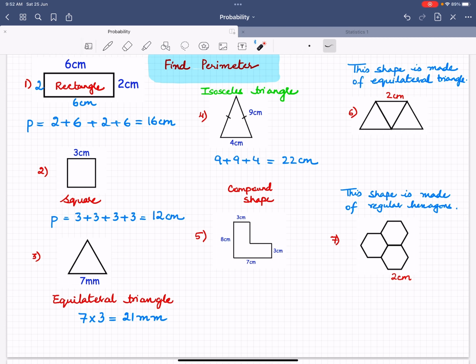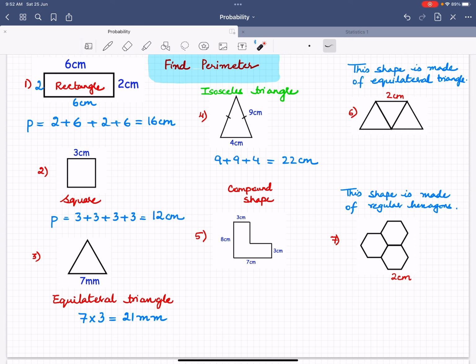Now in question number 5, we have lengths that are known and we have lengths that are unknown. This length is 3 centimeters. This is 8 centimeters. This is 7 centimeters and 3 centimeters. We do not know what is this length here, and also we do not know what is this length. Now how to find the missing lengths?